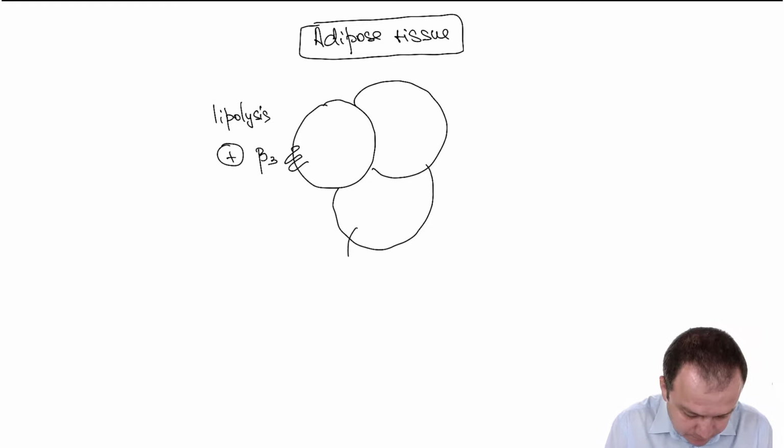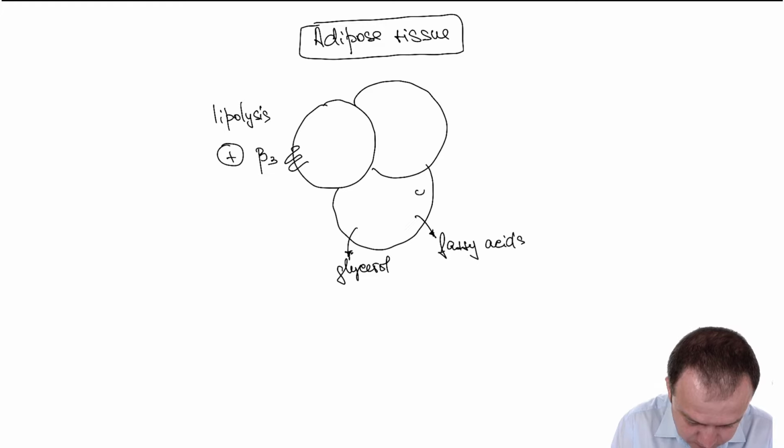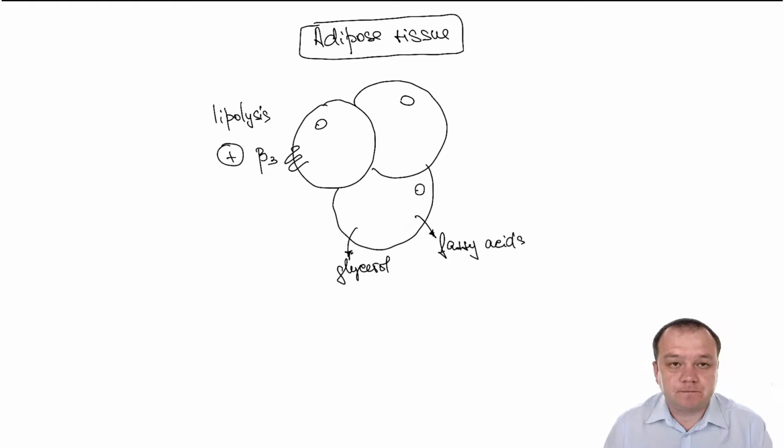So we have production of glycerol and fatty acids. Stimulation of beta-3 adrenergic receptors stimulates lipolysis and production of fatty acids and glycerol.